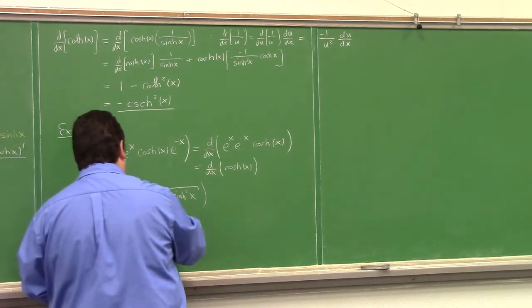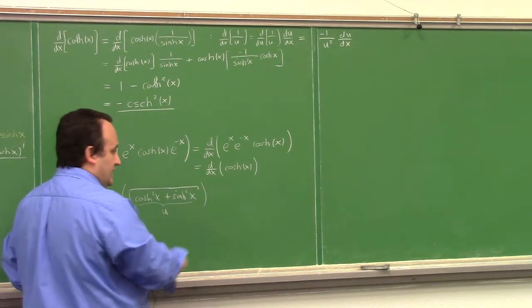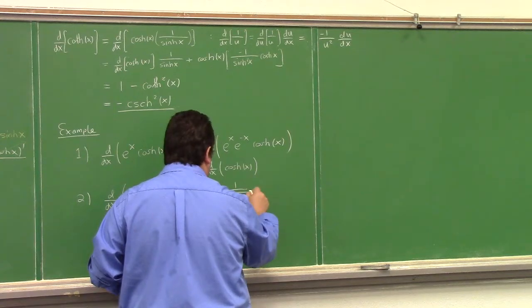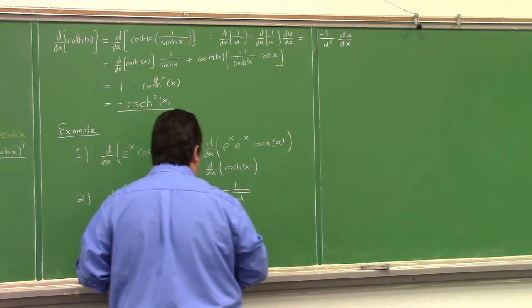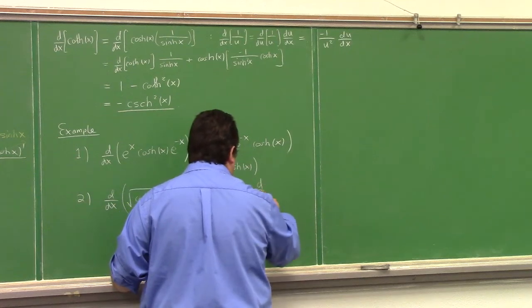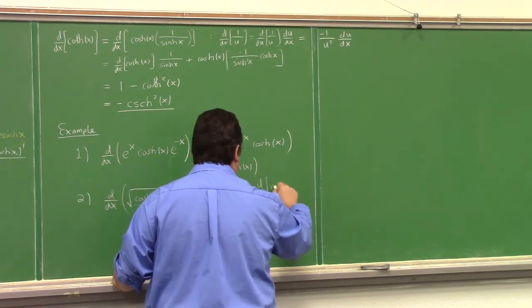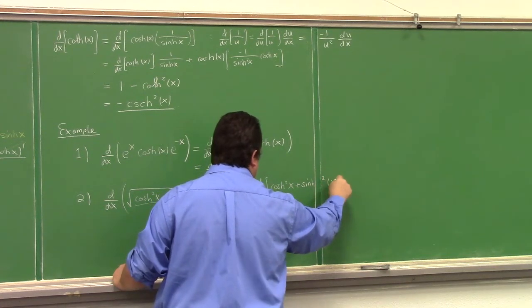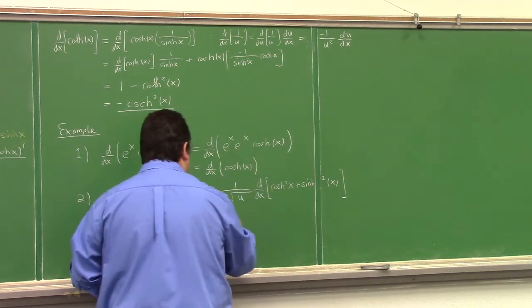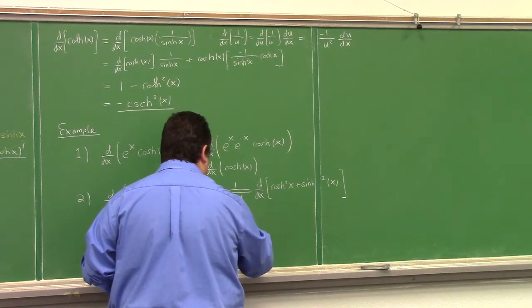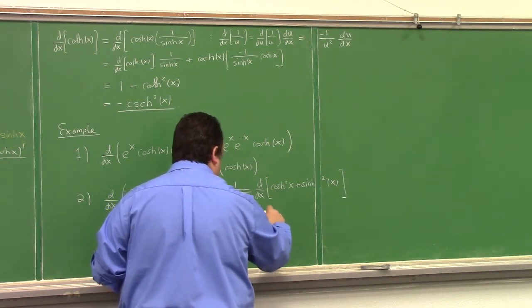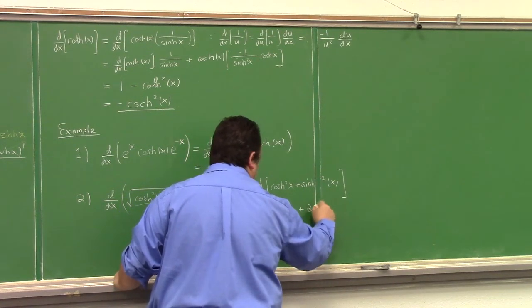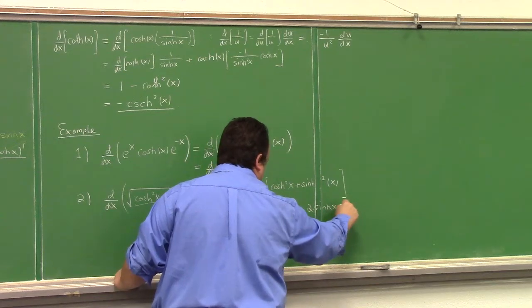So this is my u. I do 1 over twice the square root of u, and then times du/dx, which here is d/dx of cosh squared plus sinh squared. So that's 1 over 2 times the square root of u, times 2 cosh sinh plus 2 sinh cosh.